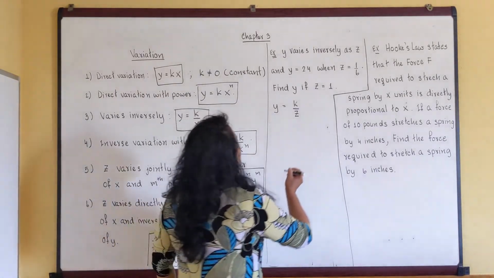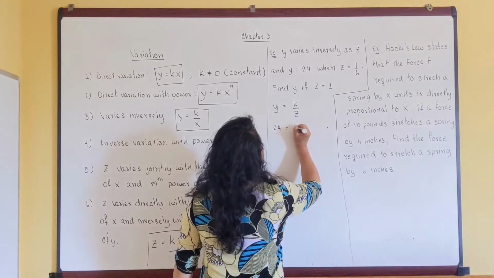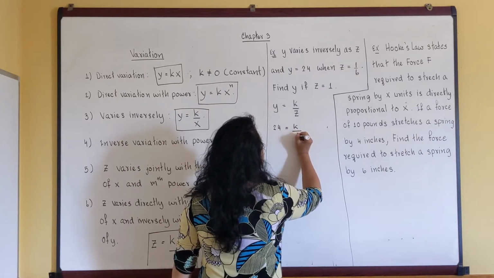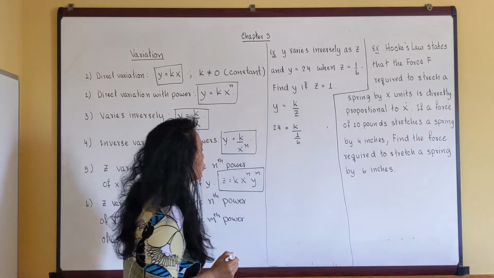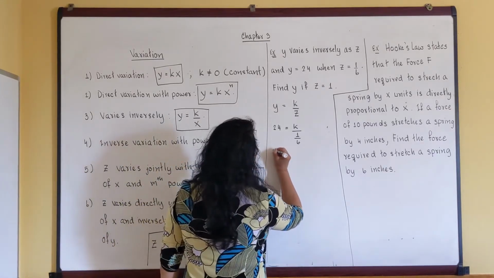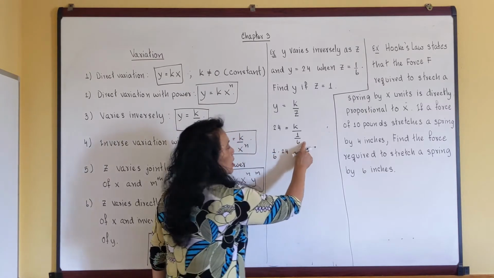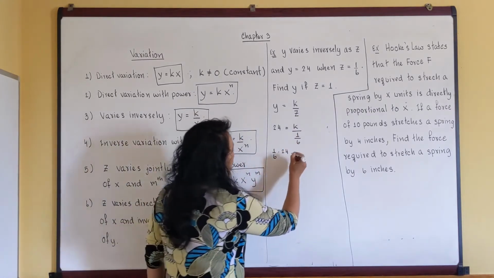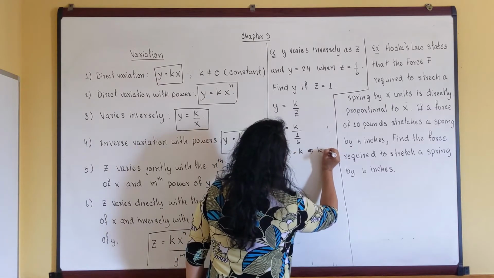So when y is 24, we don't know what k is. My z is 1 over 6. So to solve this, I can multiply 1/6 to both sides. So I have 1 over 6 times 24. If I multiply 1 over 6 to the right hand side, I will have k by itself, which means k is equal to 4.